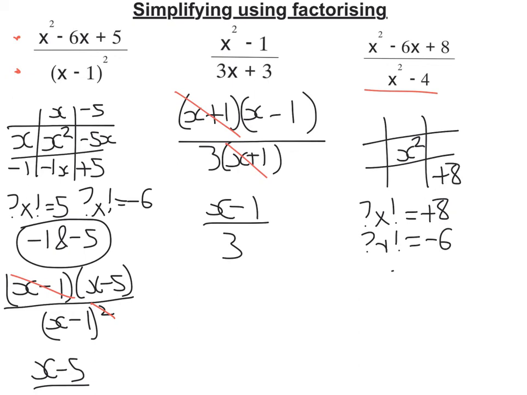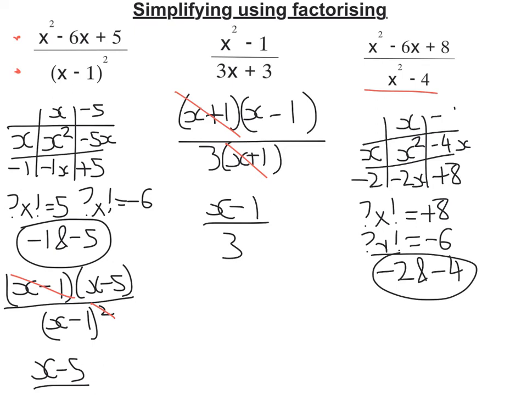And those two numbers are -2 and -4. So I put those in my grid with x's, so -2x and -4x. And then I find the highest common factor of each row and column. So x and -2, x and -4.